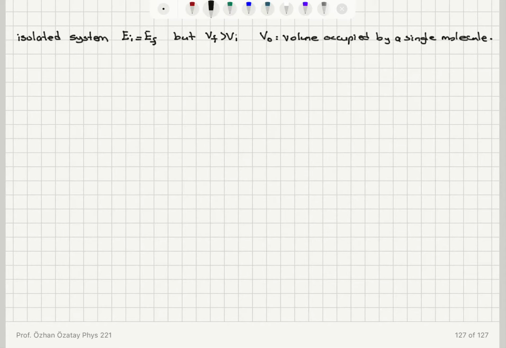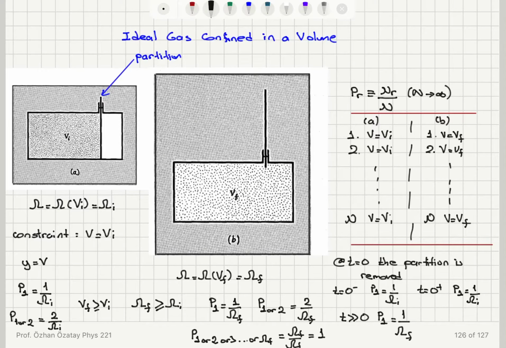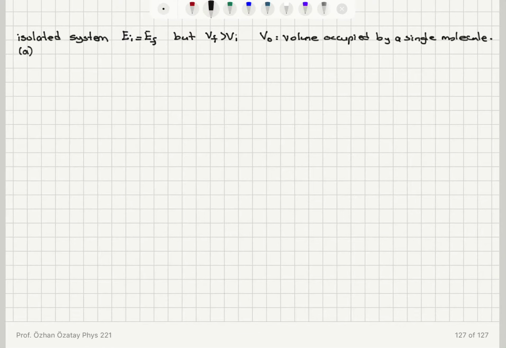So we're treating all molecules as point-like particles. Therefore, this is going to be a rather small number.